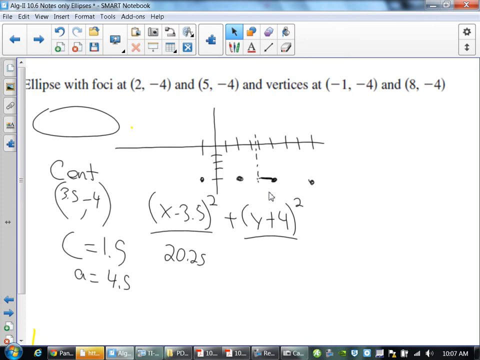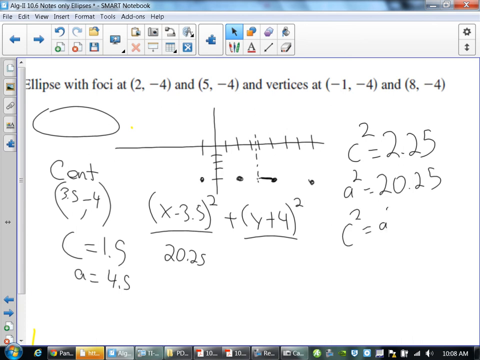It comes out as a whole number. It's weird, isn't it? Your c squared was 2 1/4, your a squared was 20 1/4. So 2 1/4 is 20 1/4 minus something. Just kidding, I did it wrong. What's going on? It comes out as a whole number.